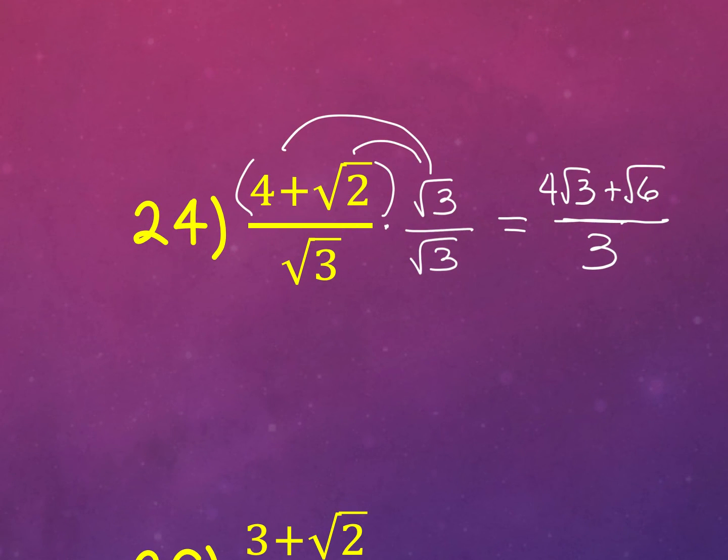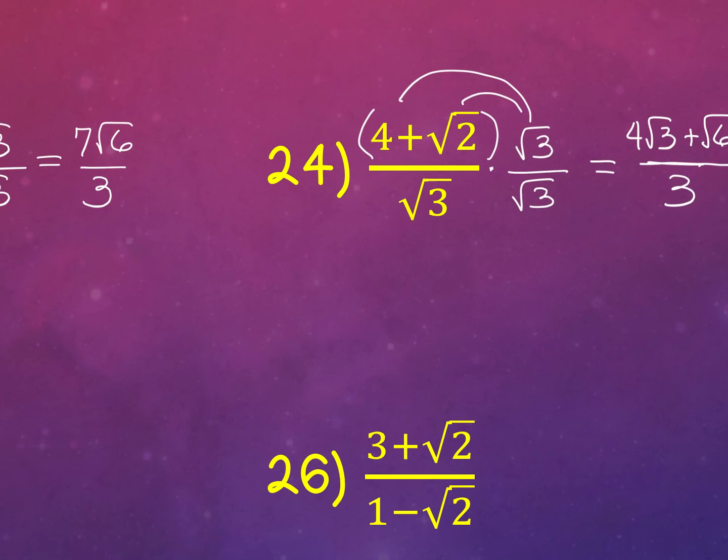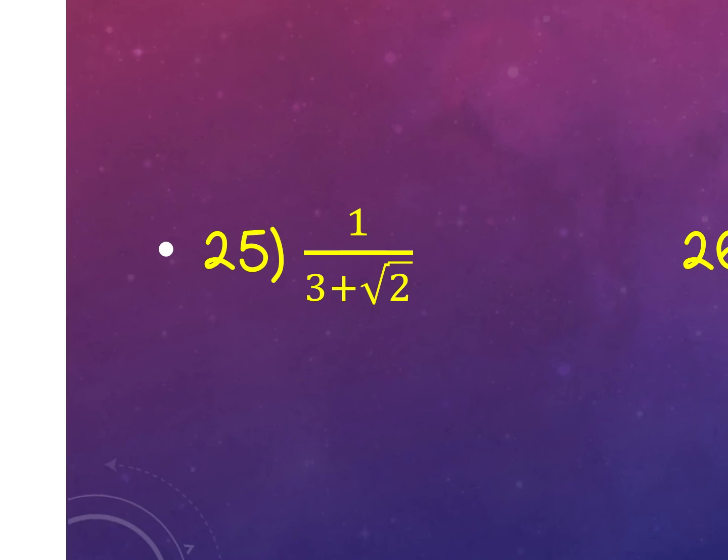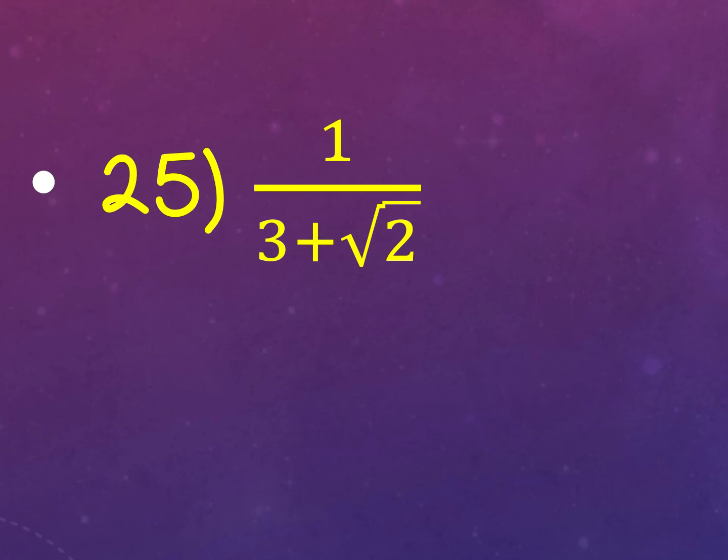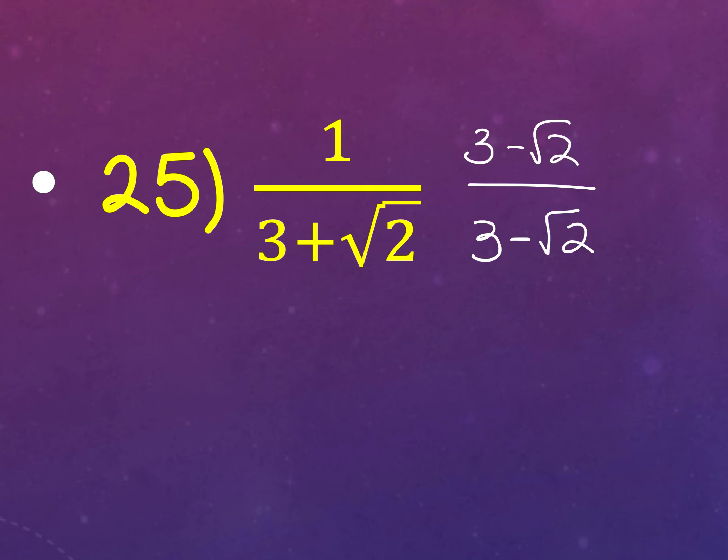Number 25. Here's where we're going to use that conjugate, or the opposite sign, because 25 has an expression. So I can't just multiply the top and the bottom by square root 2. When it's got a binomial like this, I'm going to be multiplying it by the opposite expression. So I flip the sign. So now 1 times anything for that numerator is just itself, so 3 minus the square root of 2.